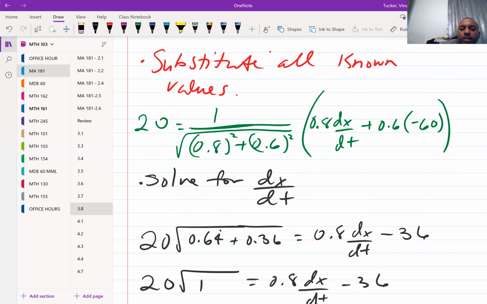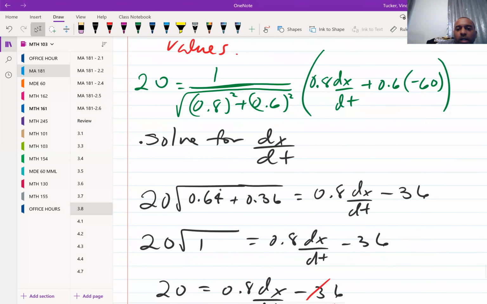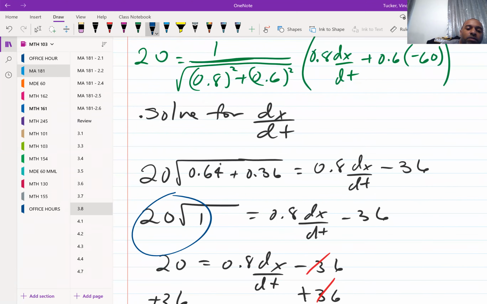Squared, 0.8 and 0.6 give you 0.64 plus 0.36. Adding those together ends up being 1. So they ended up simplifying for us anyway. Square root of 1 is 1. So that leaves us with just 20 on the left.